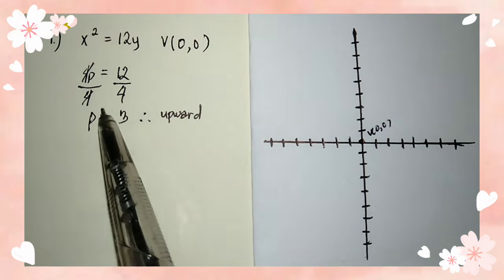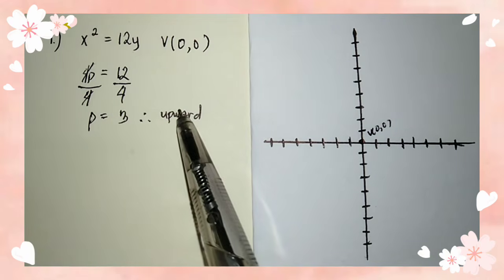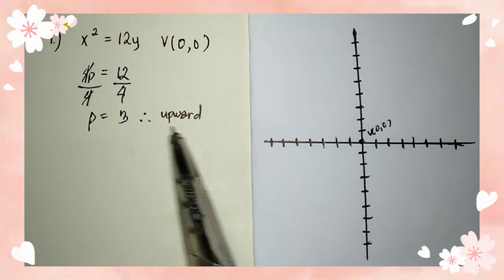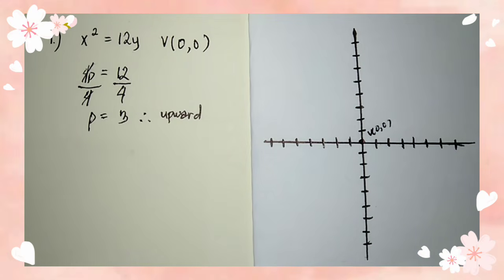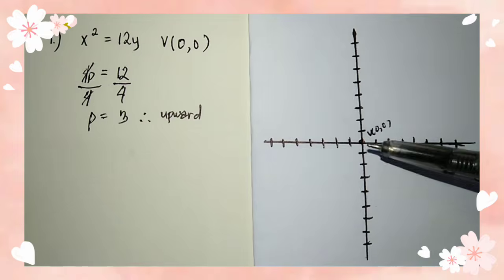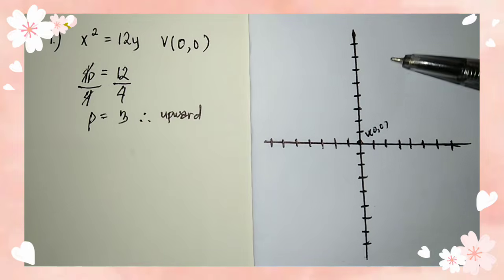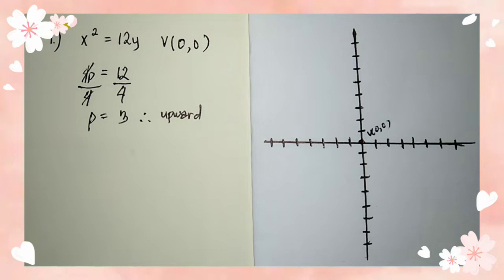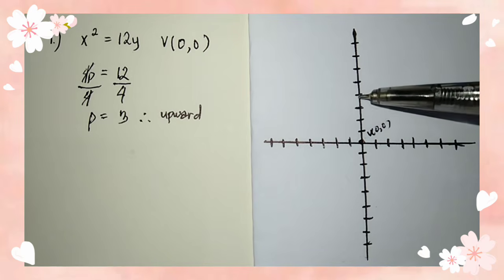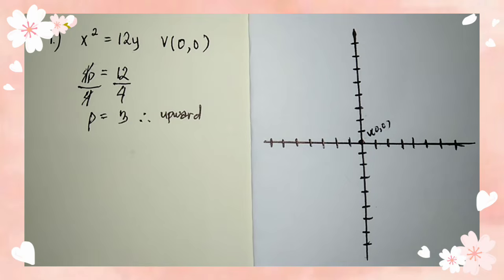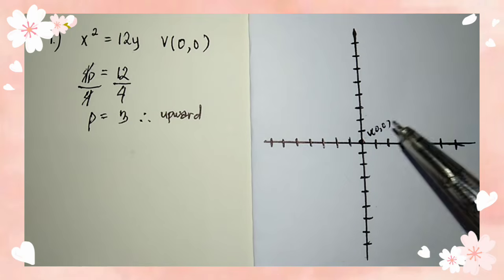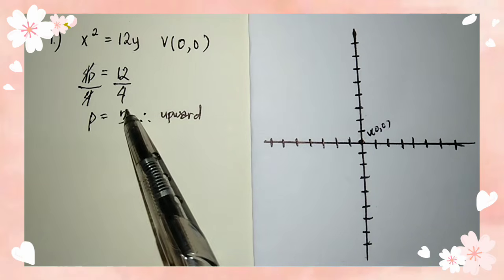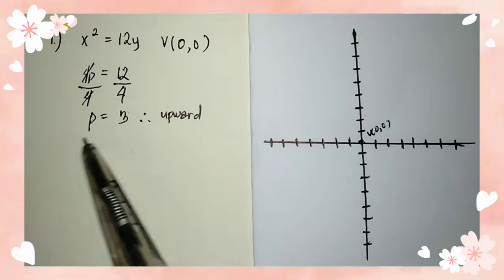Okay. Since si P ay nakuha na natin and our parabola opens upward, meaning to say, yung focus natin ay nasaan? Opens upward daw si parabola. Since ito na siya, paganto na siya, di ba? Ayan. And sabi, di ba, yung focus natin is always in the interior of the parabola. Meaning to say, nandito yung focus natin. How are we going to find our focus? Take a look at this P. Di ba, Trisha?